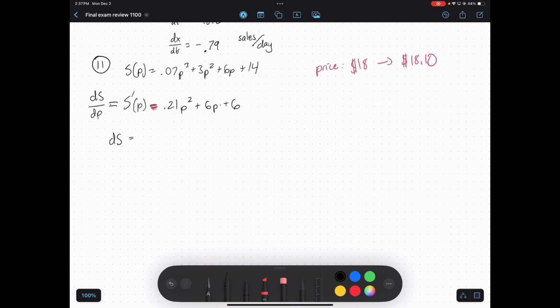I can find my change in supply by using the derivative times the change in price. dS represents your change in supply. dP represents your change in price. So all I need to figure out is what do I plug in for P, and what do I plug in for dP?